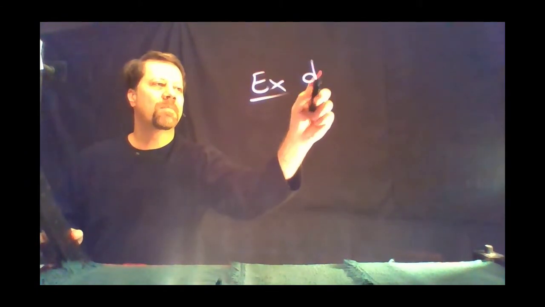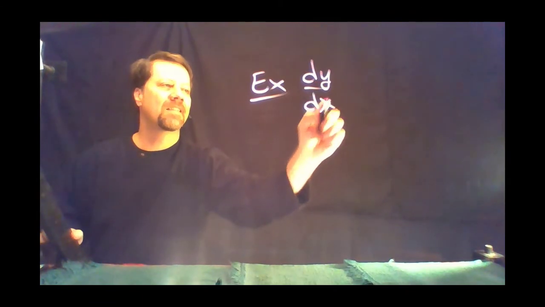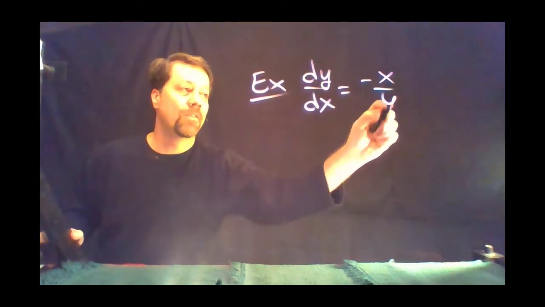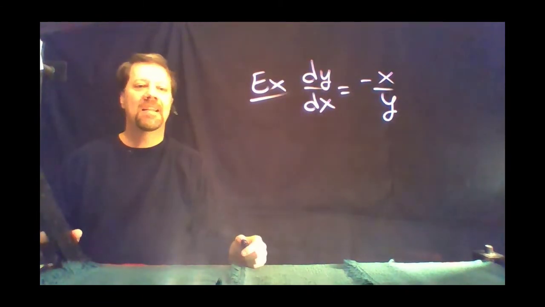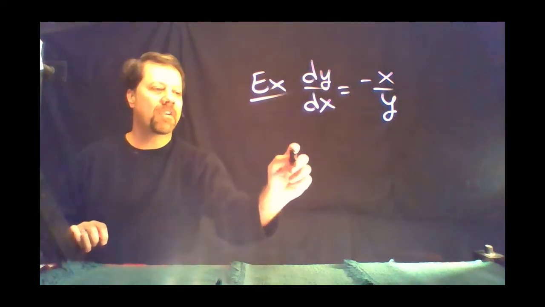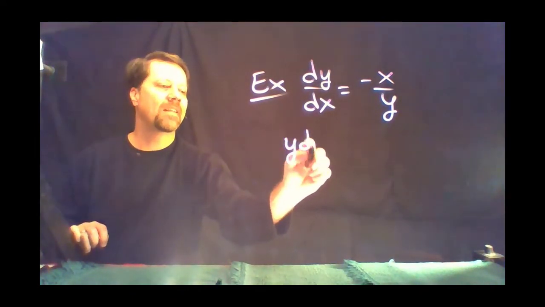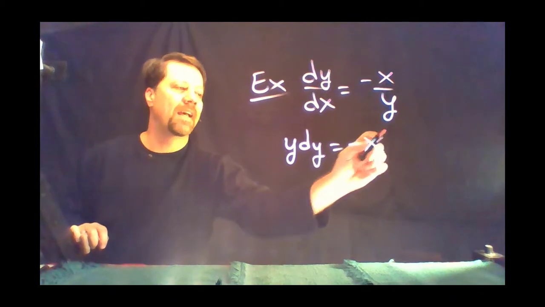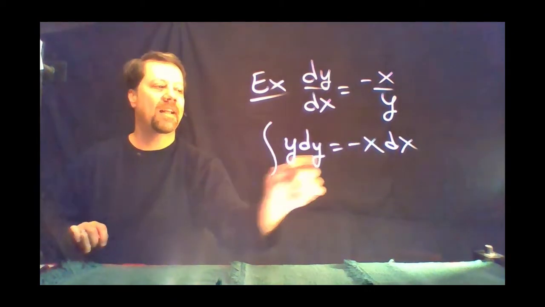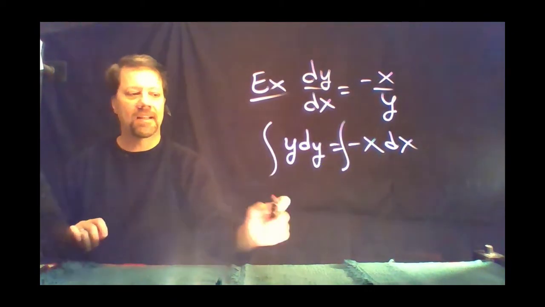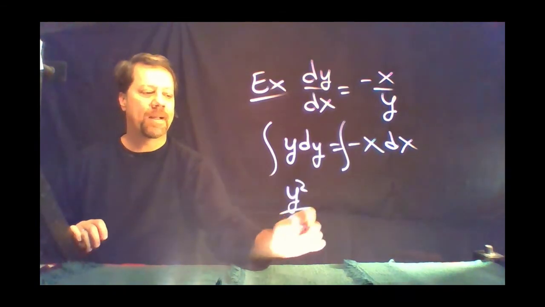Another example, suppose you have dy/dx equals minus x over y. Now, we separate the variables by writing this as y dy equals minus x dx and integrate both sides. On the left-hand side, we'll have y squared over 2.